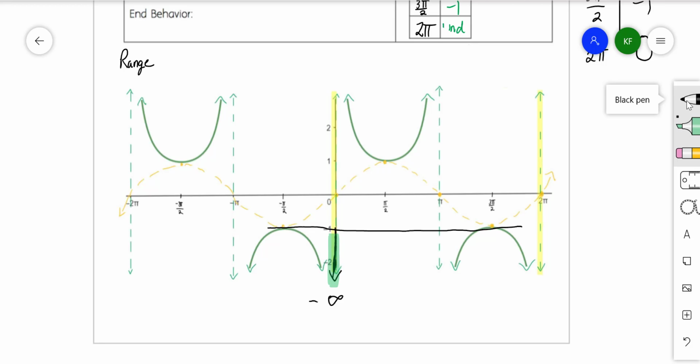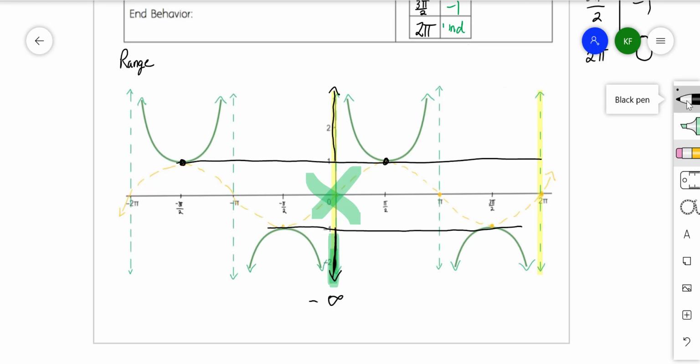So this is all included in our range. Then I have that big gap because it is the yellow part of the graph, which is sine. We don't want that. And then we go back starting up at 1. Remember, there are points here, so defined values, no holes. So we are going from 1 up to positive infinity.